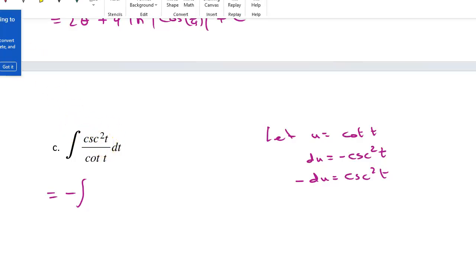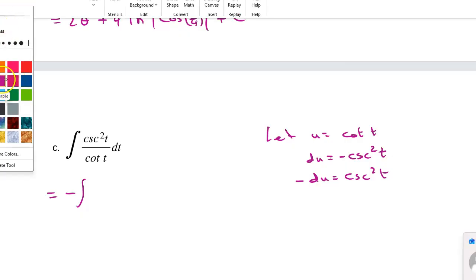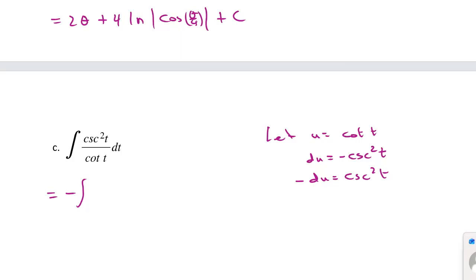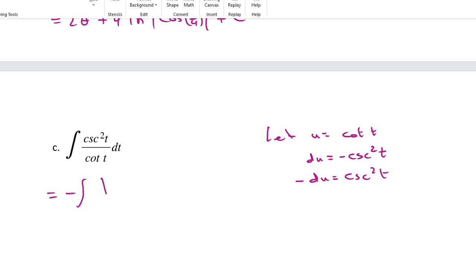Okay, so the way we're going to write this then is negative integral of 1 over u du.